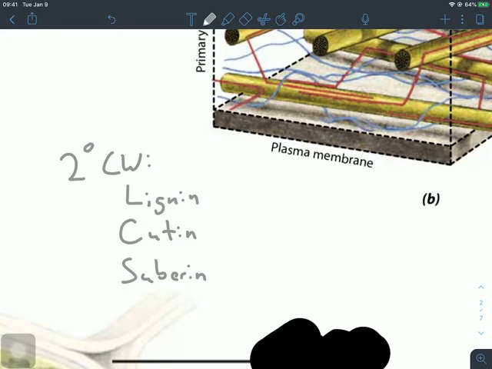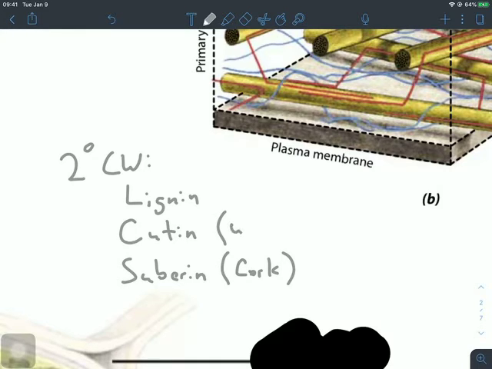And each of these have different degrees of water permeability, or blocking of water. Suberin is cork, literally. So those of you who have ever popped a bottle of wine know that the cork in the top prevents any water from escaping. Suberin is very, very good at preventing water from leaving cells.